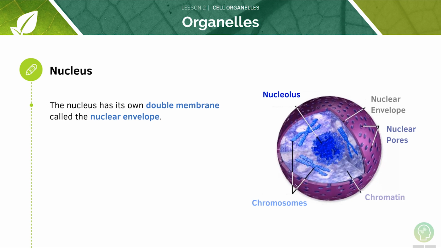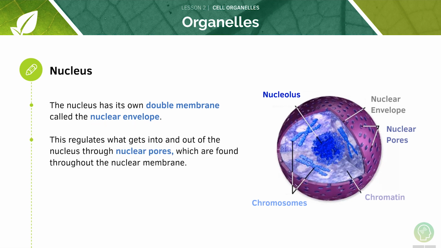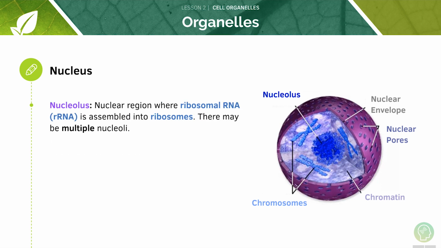This membrane is a double membrane, which is also called the nuclear envelope. Like the cell surface membrane, this membrane also regulates what gets into and out of the cells. The nucleolus is the region of the nucleus where ribosomal RNA is assembled into ribosomes. There may be multiple nucleoli.